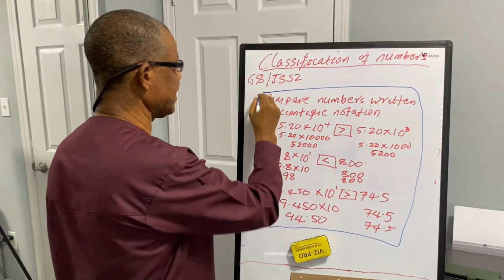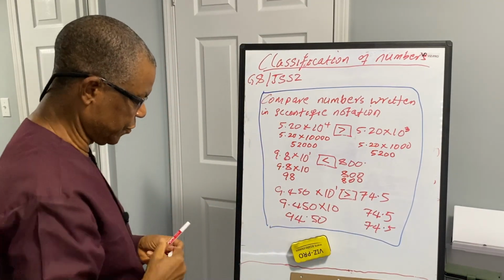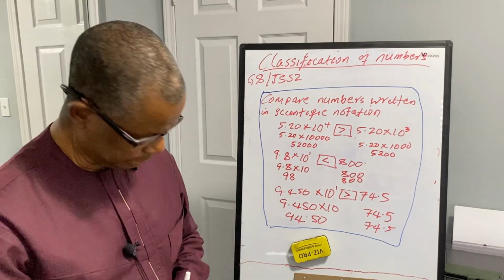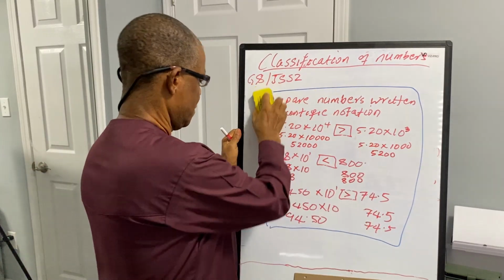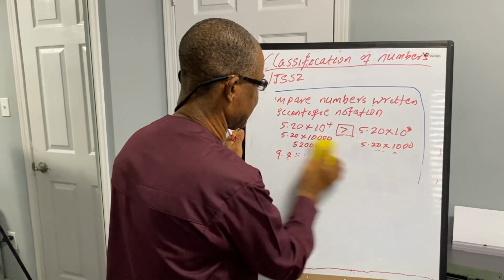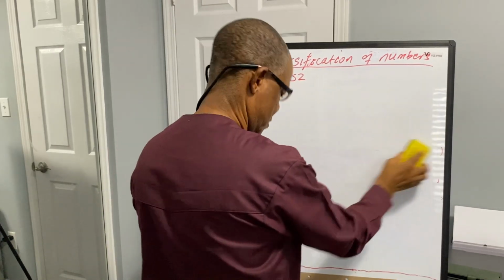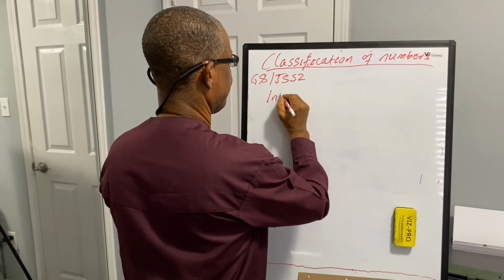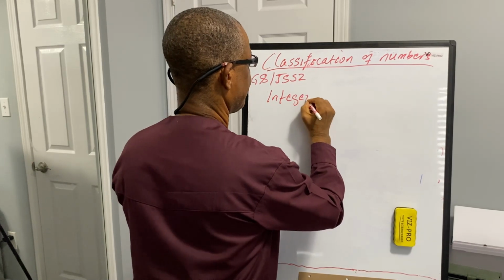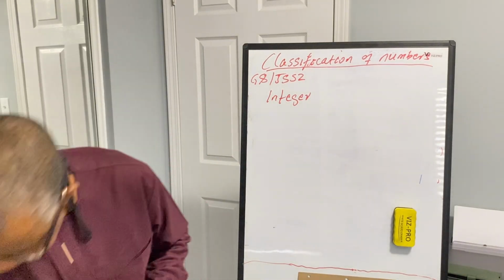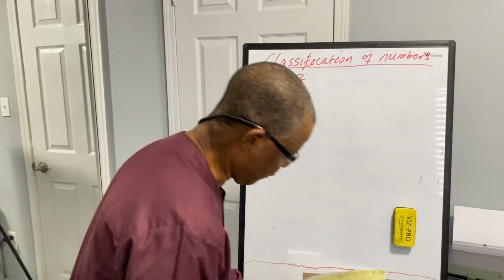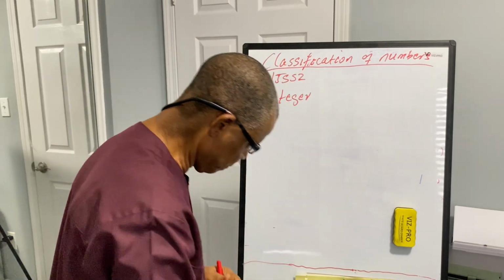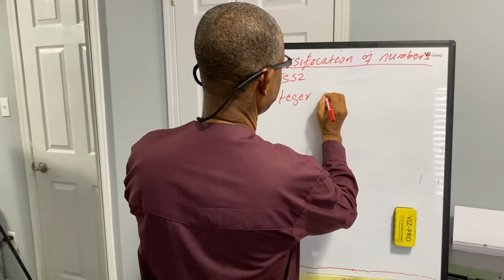Then we go over to today's discussion, which I've told you is a classification of numbers. We go on. What do we mean by classification of numbers? We have our integer. Integer is one of the classification of numbers.